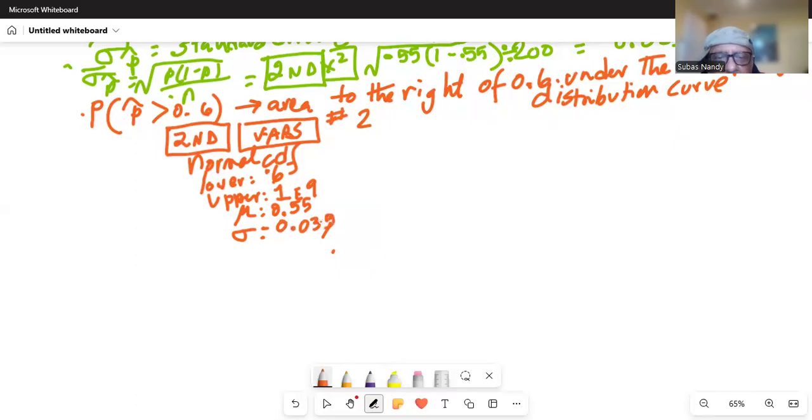So we have to change the standard deviation, the sigma, 0.035. The rest of the arguments, the rest of the values are the same as part A. Only thing that is changing is the standard deviation.